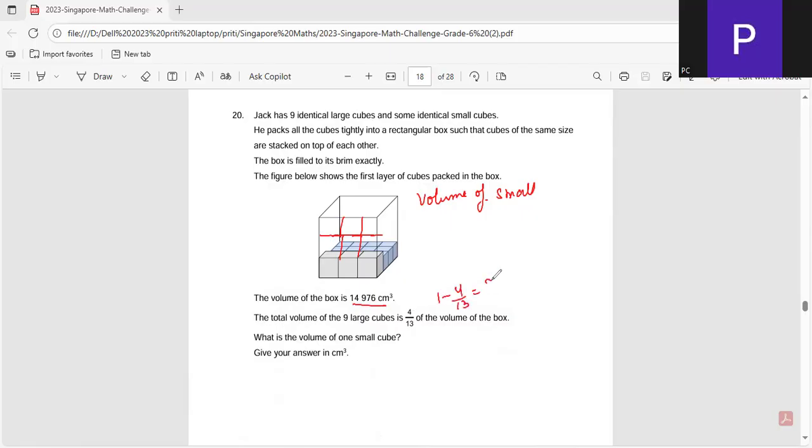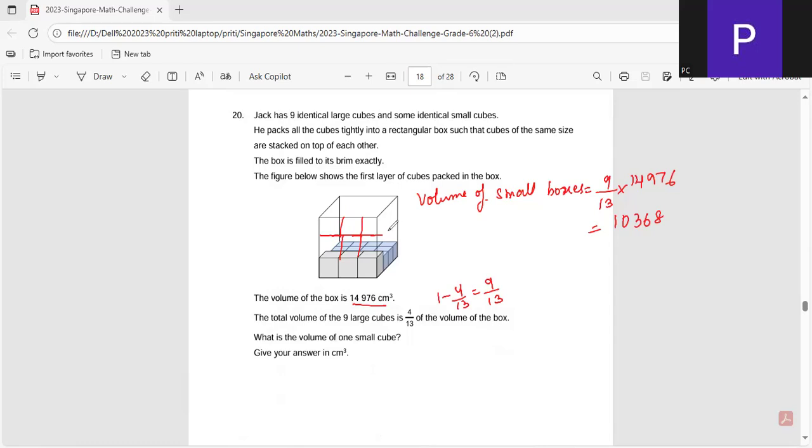So 13 minus 4 is 9 over 13. So the volume of the small cubes is 9 over 13 of the volume of the whole box. So 14,976, we calculate. Calculators are allowed, so please make use of it. So 10,368. That is the volume of the small cubes.